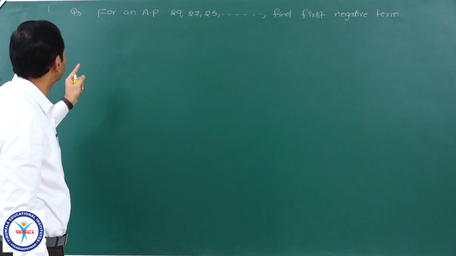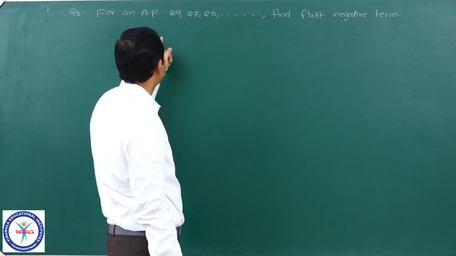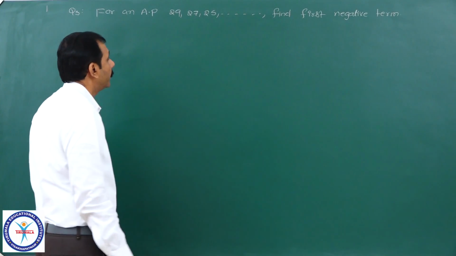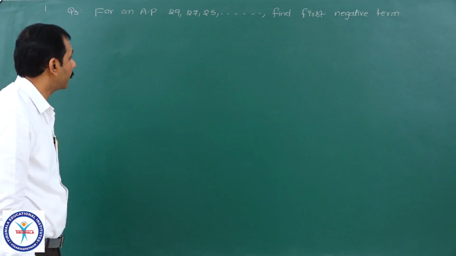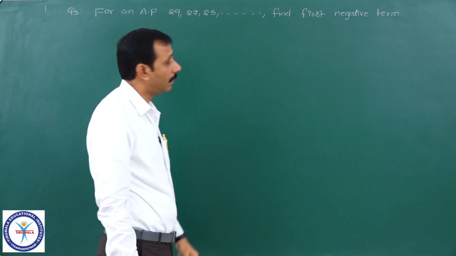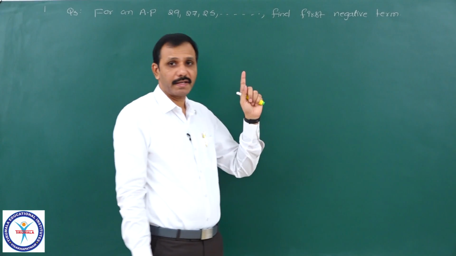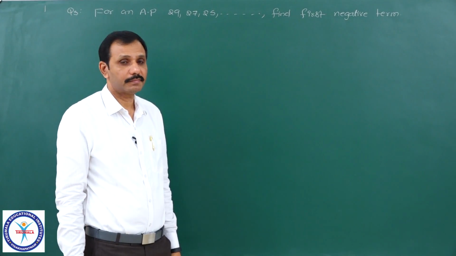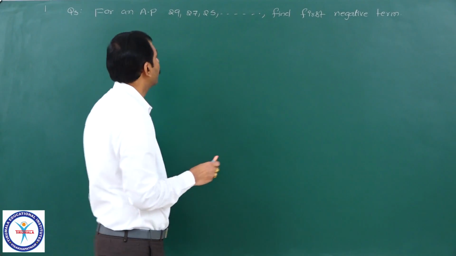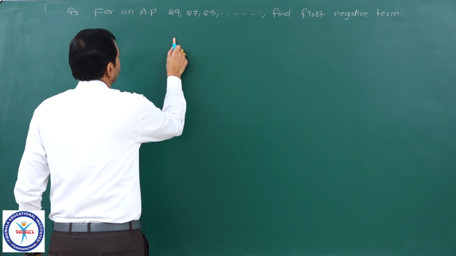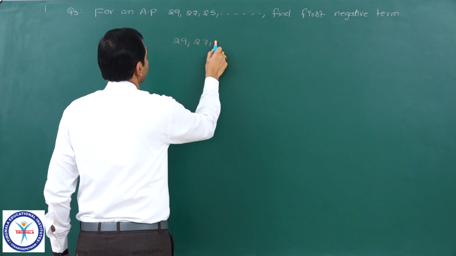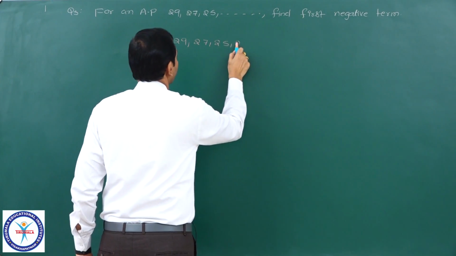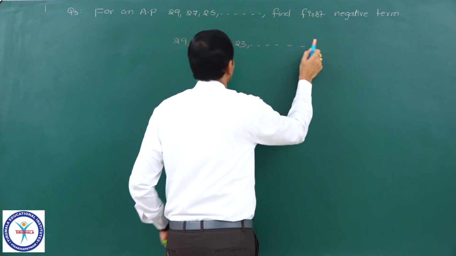This question you see, for an AP, of course it is an AP whose terms are given: 29, 27, 25 and so on. Find the first negative term. What is the meaning here you see? This sequence is 29, 27, 25, 23 and so on.